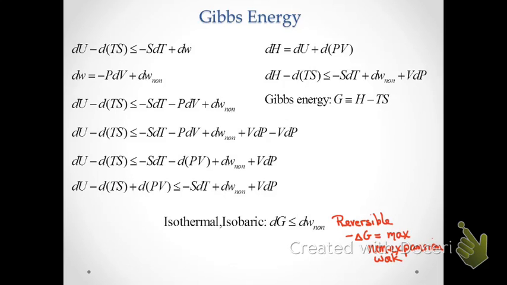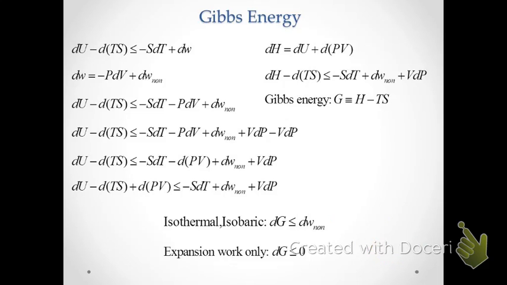So again, the Gibbs energy tells us the maximum non-PV work we can get from a system during an isobaric and isothermal process. And this would be a situation where, if we wanted to know, for example, the maximum amount of electrical work we can get out of an electrochemical process, then when we calculate delta G, that will tell us the maximum amount we can get from that electrical process.